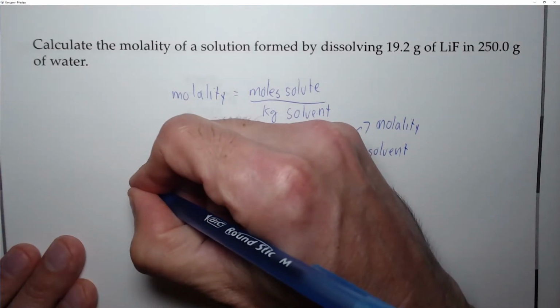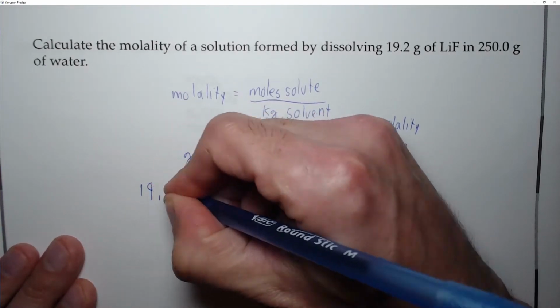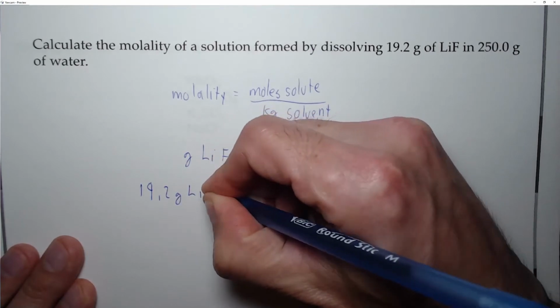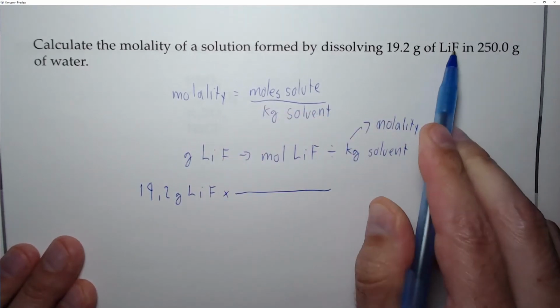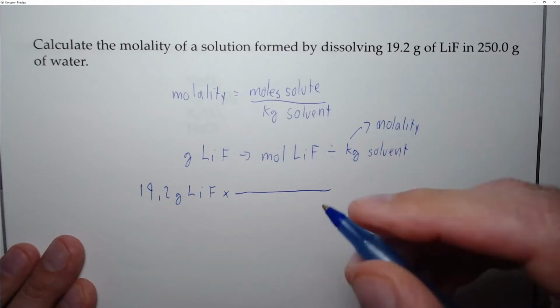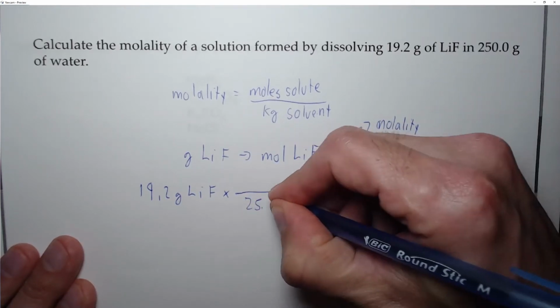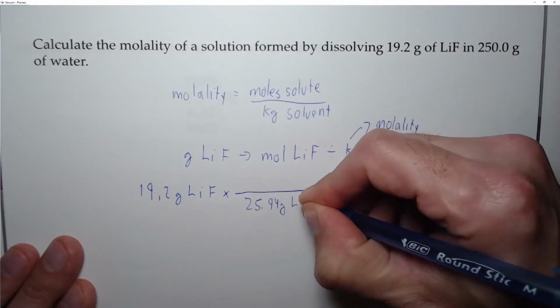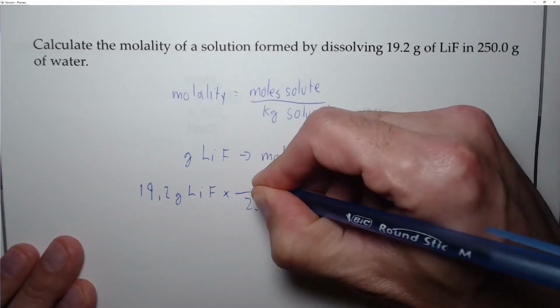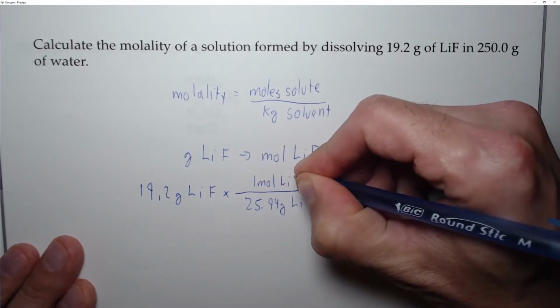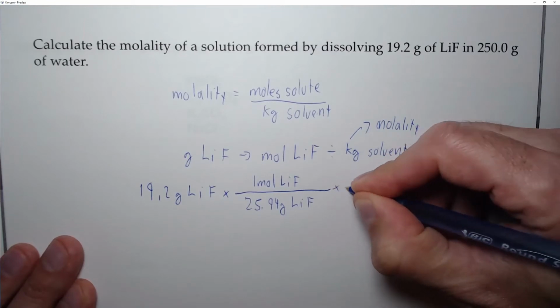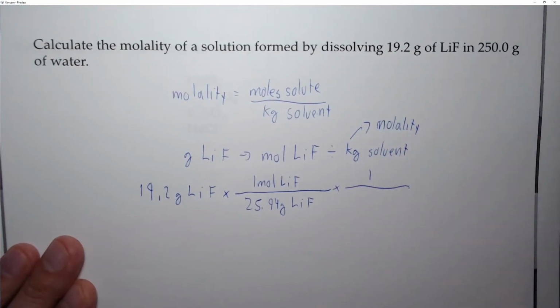So starting with 19.2 grams of LiF times, we need the molar mass on the bottom, so Li plus F, which is 25.94 grams of LiF on the bottom. On top, 1 mole of LiF times, to divide, we put a unitless 1 on the top.